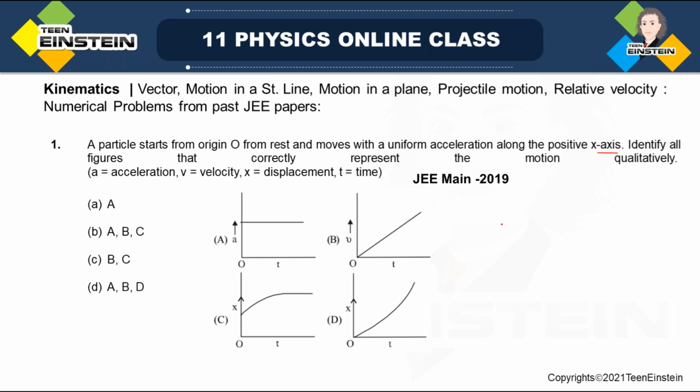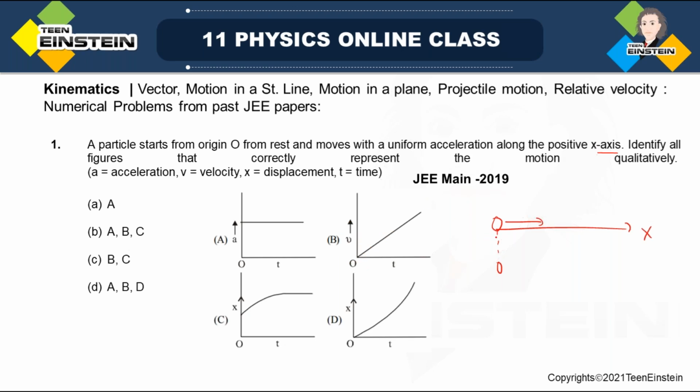That means there is a particle which starts from origin. Suppose this is the origin. It starts moving with uniform acceleration along the positive x-axis. So you have to identify among these curves which one is correct, not only one, maybe more than one graph can represent the same motion.